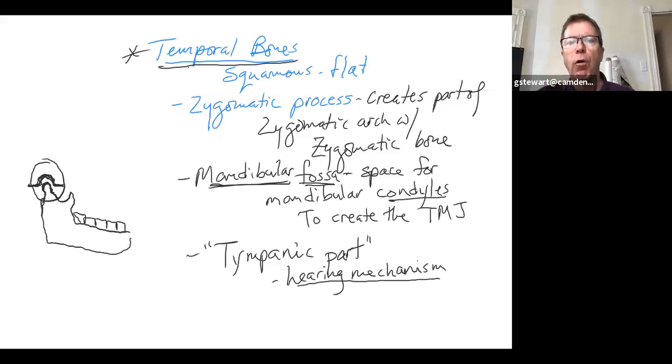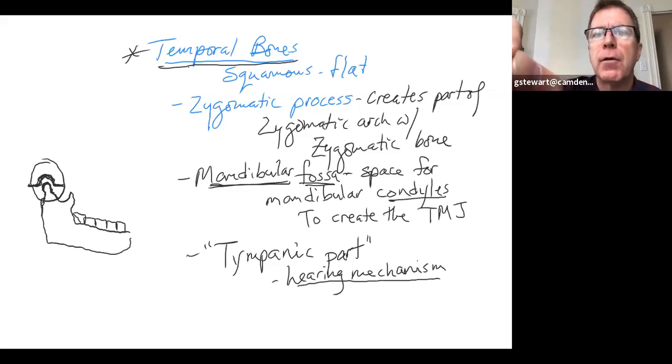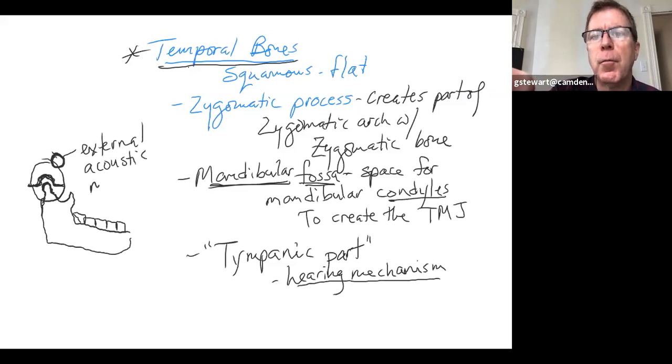The ear hole, which would be located right about here, is called the external auditory or acoustic. I think Marie calls it acoustic. The external acoustic meatus. Meatus is like a foramen.